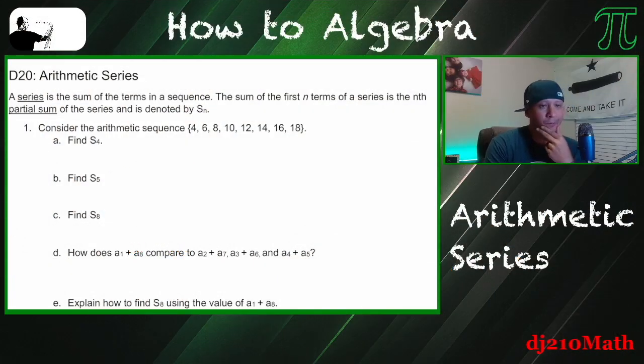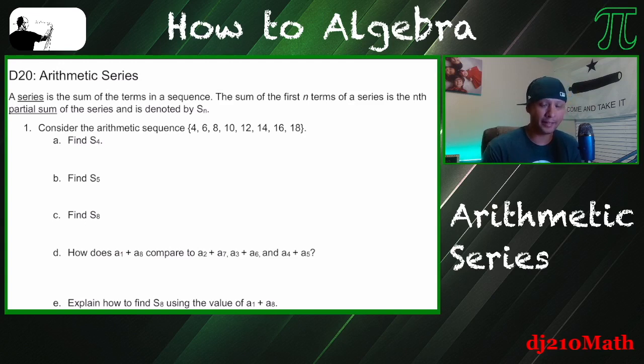All right, so arithmetic series. If you recall, an arithmetic sequence is a list of numbers that have the same common difference from one term to the next term. What an arithmetic series does is take the sequence and, instead of just listing out the numbers, we are adding up the numbers.